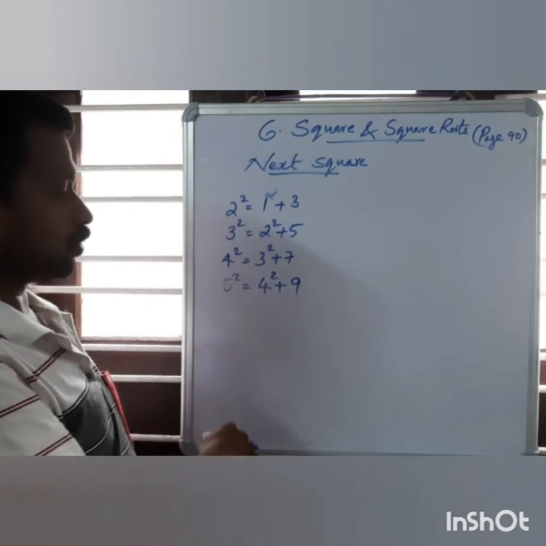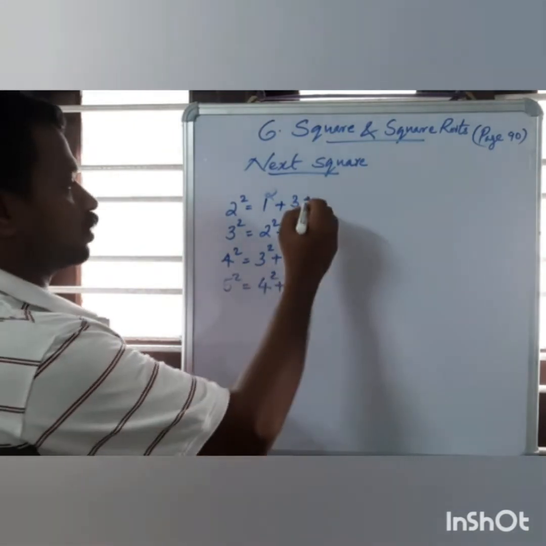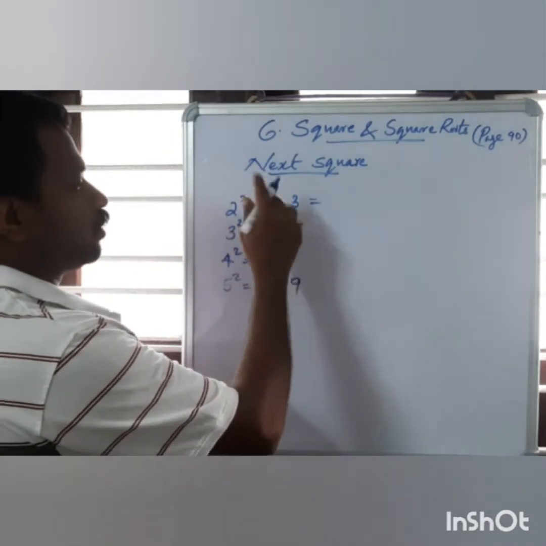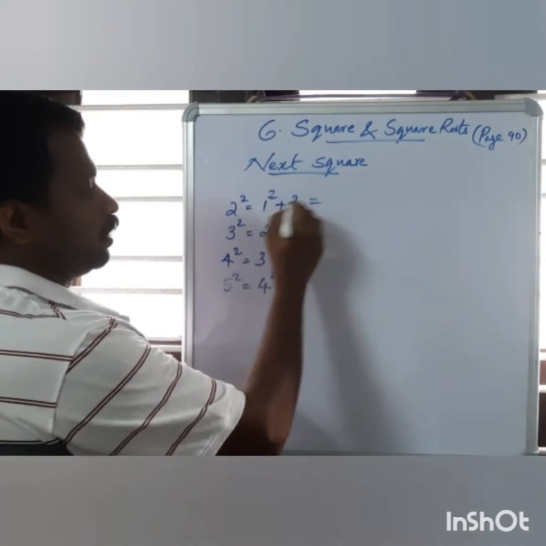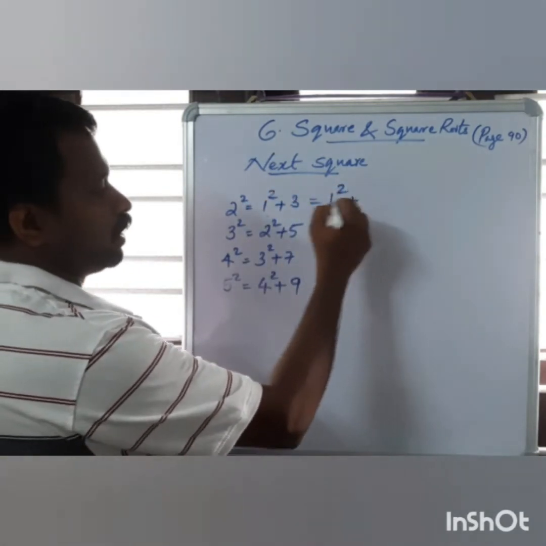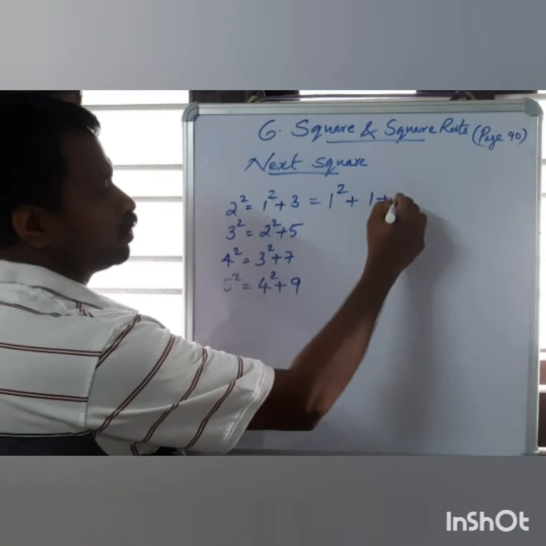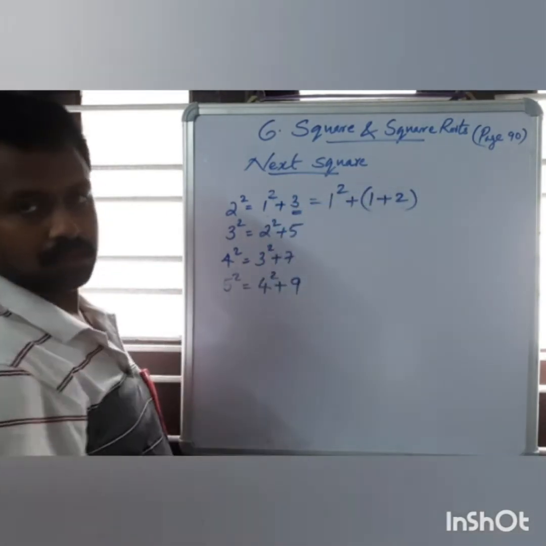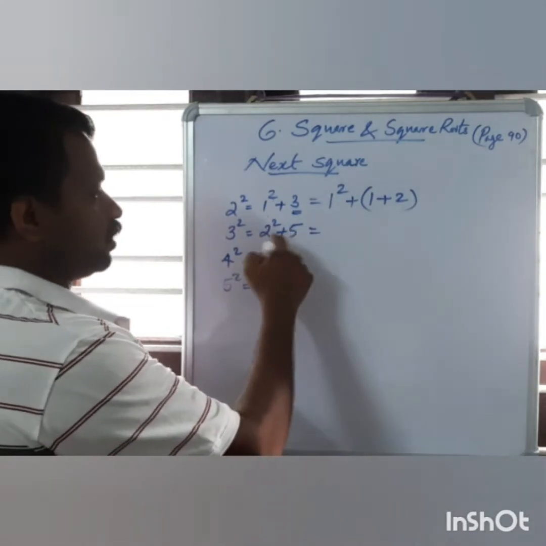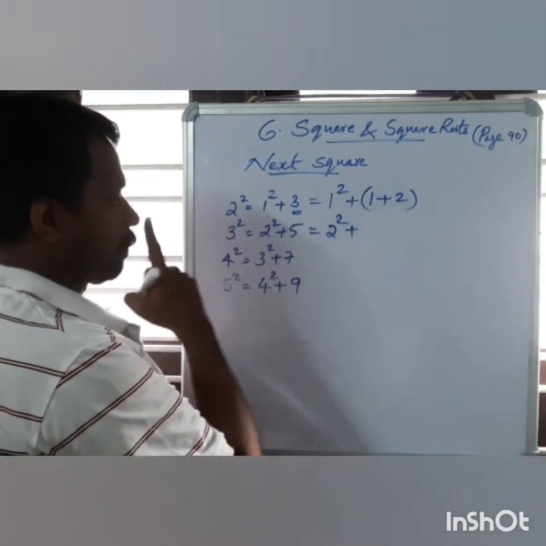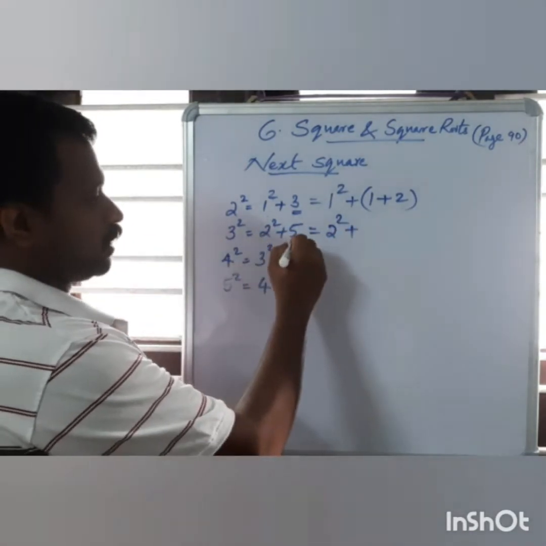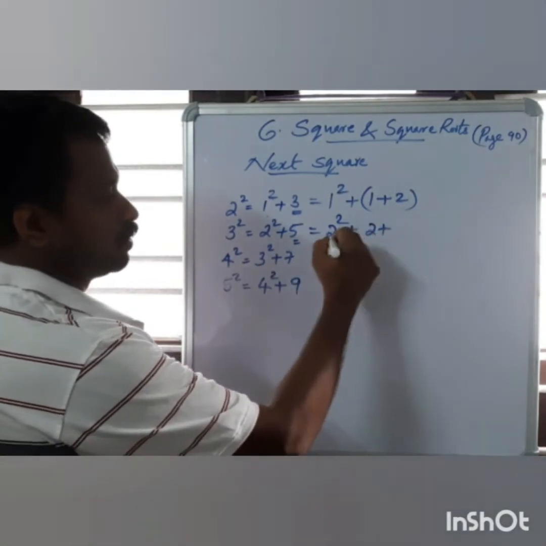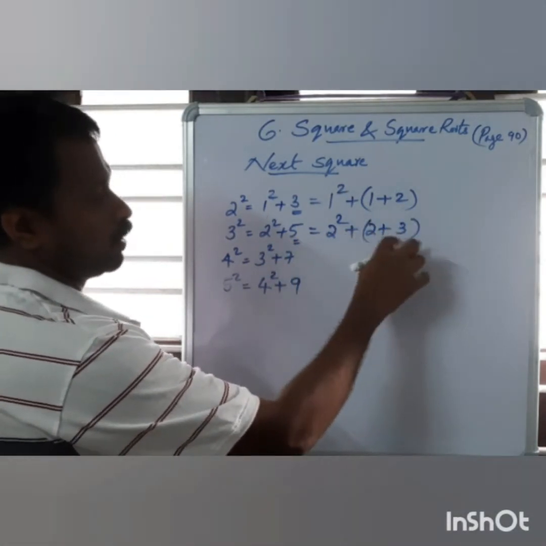In other way also we can write this one. This is 1 square plus 3. So instead of 3, we can write as 1 plus 2. So 3 we can write as 1 plus 2. Same like here. It is 2 square plus 5, we can write as 2 plus 3. 2 plus 3 is 5.